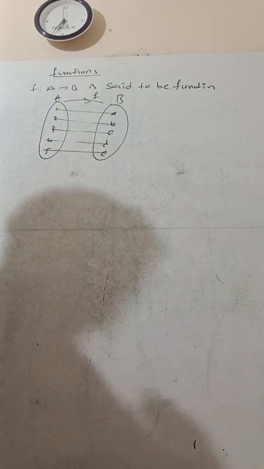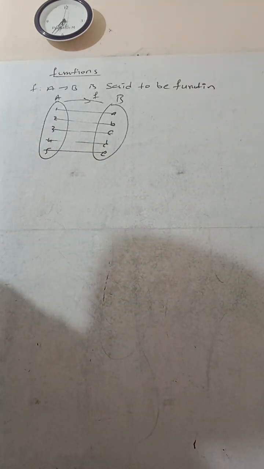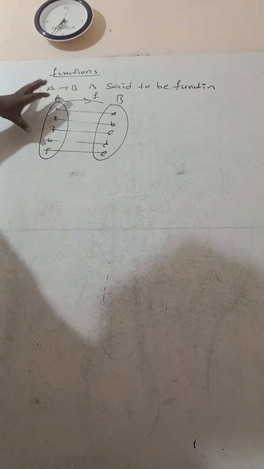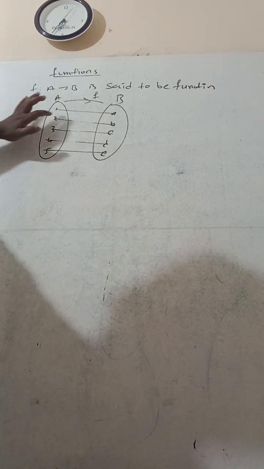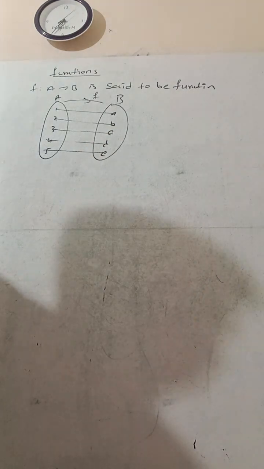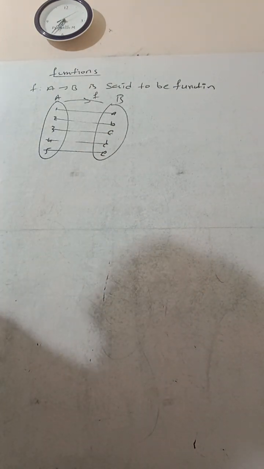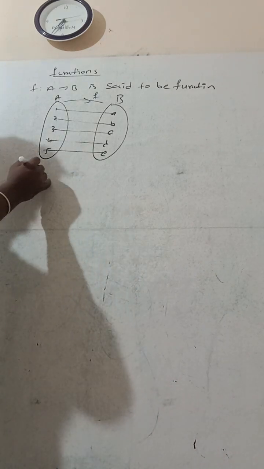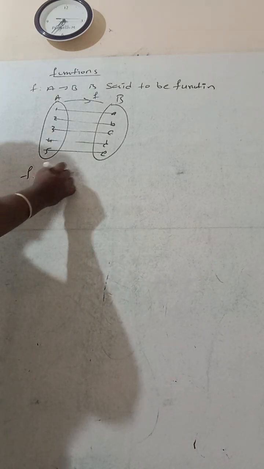So this relation is a function. Why? Because every element of A is associated with an element of B. So f from A to B is a function.